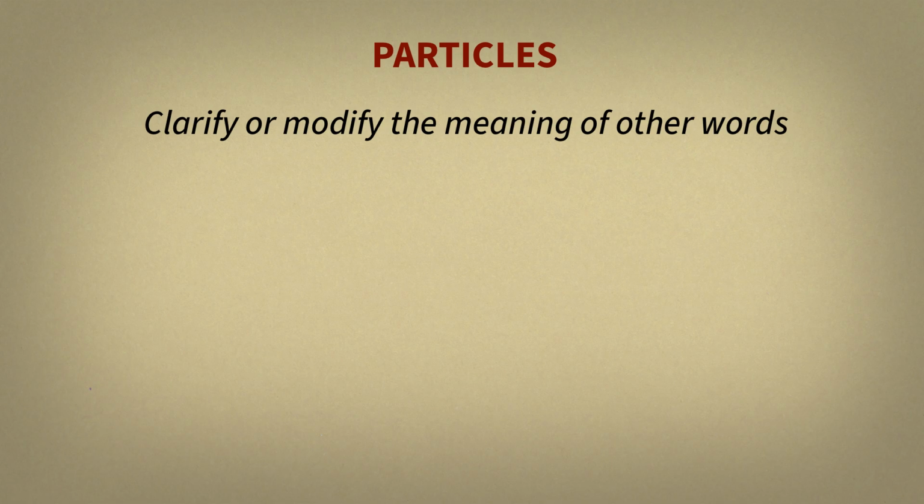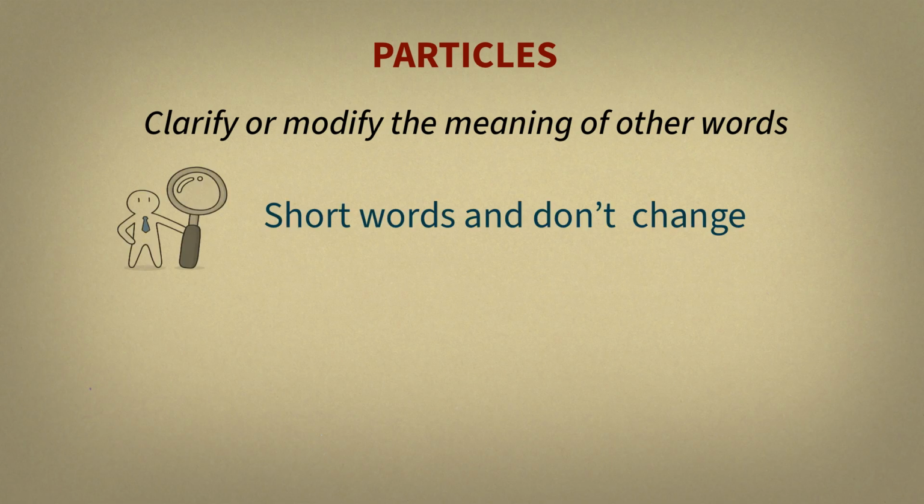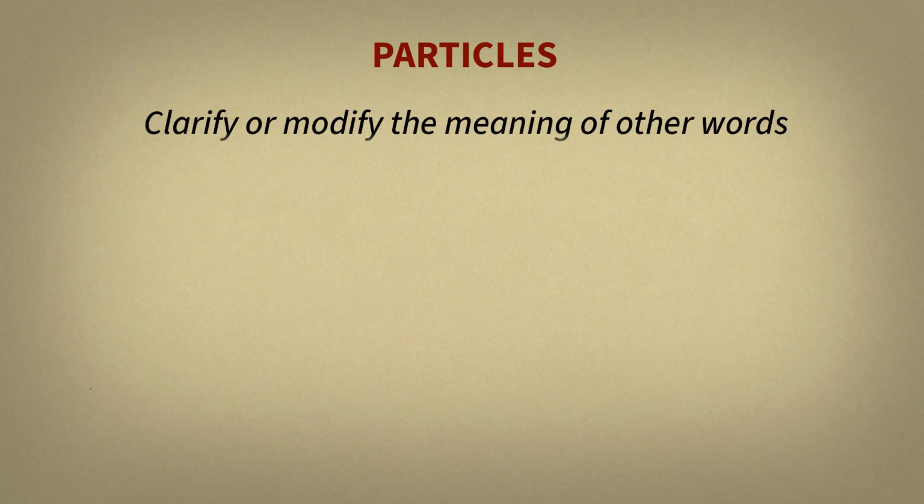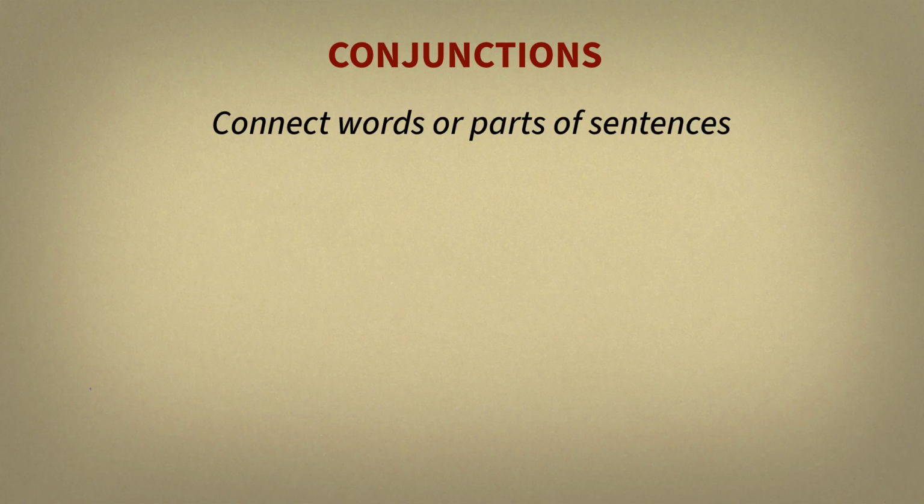Next part of speech is particles. They clarify or modify the meaning of other words. They are short words and do not change. For example, не, ли. And there are only two parts of speech left. Conjunctions. They connect words or parts of sentences.